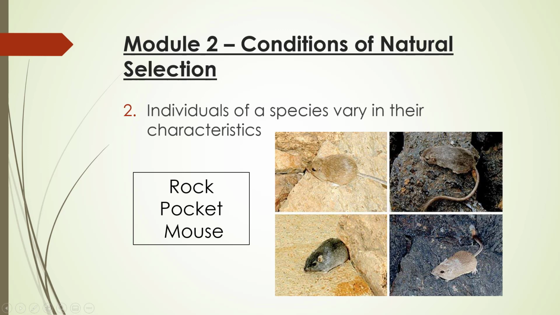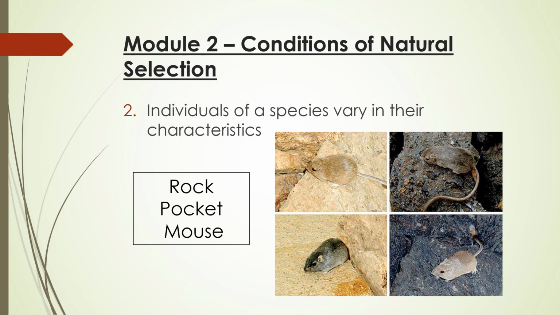So you can imagine in areas where there's light colored rock, you're going to find that most of the population is light in color, and that in areas where there is dark colored rock, the dark colored mice do much better. If there is ever a situation where one of these 2 types of environments disappeared, then only one of these varieties of organisms would survive moving forward.